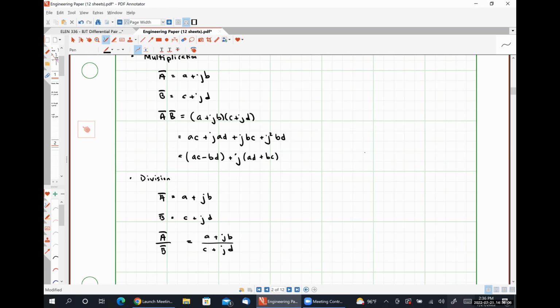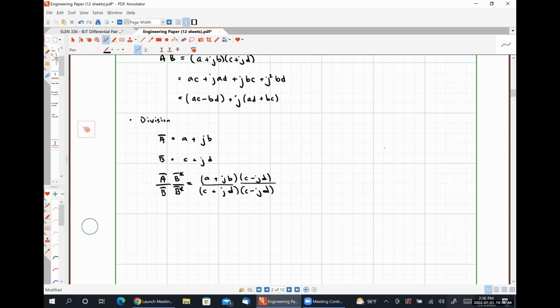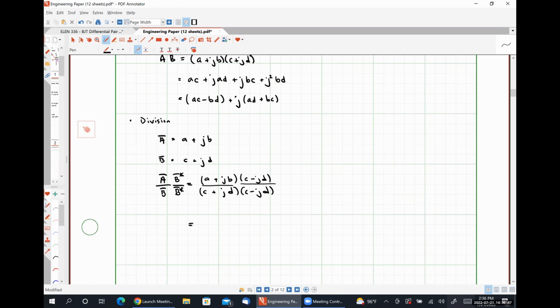So how we're going to rectify this is we are actually going to multiply our division by B conjugate over B conjugate. So I'm going to multiply that fraction by another fraction. Our fraction B conjugate here will look like C minus JD over C minus JD. And so what's going to happen is, let's FOIL out the numerator.